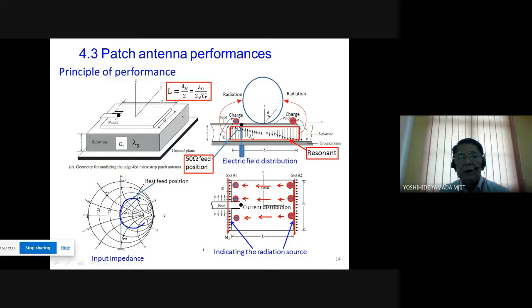So for the feeding structure, the coaxial cable can be used, and another feeding method is using the strip line. In the case of strip line, the strip line should come inside the patch antenna to the feed point.